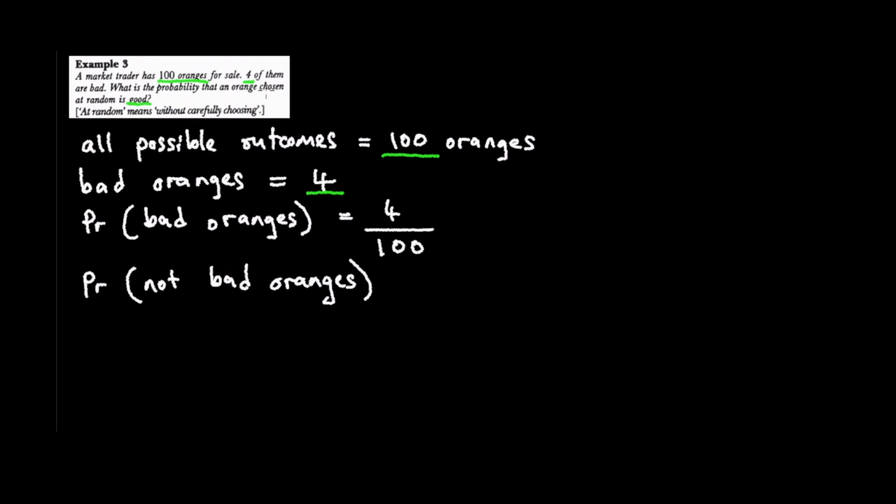But kana question ichida kuti titsvage probability of good oranges, iko kuti good orange munonzwisisa here kuti zvakafanana nekuti not bad orange. Saka kana takutsvaka the probability of not bad oranges tenge takuti 1 subtracting probability of bad oranges 4 over 100.